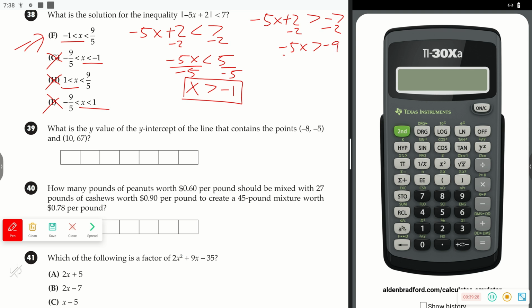And then we're going to divide both sides by negative 5, which means we have to flip the inequality. So x is less than, since a negative divided by a negative is just going to be written as a positive, 9/5. And if we can see, that's what this says here. X is less than 9/5. So the answer to this problem is F.